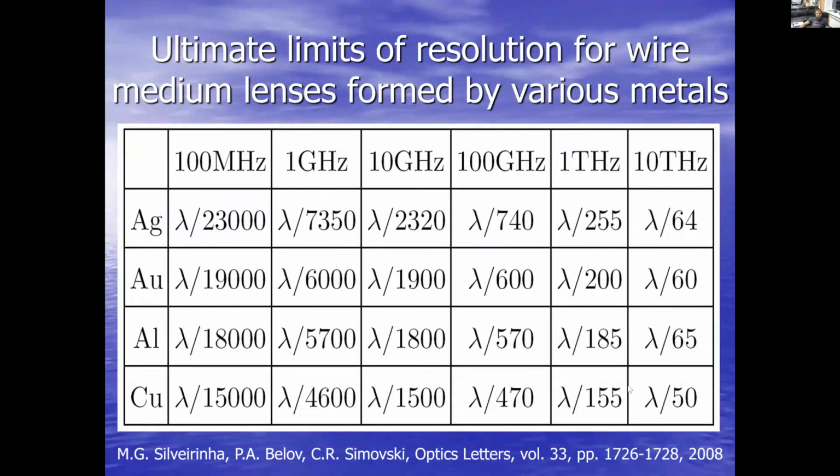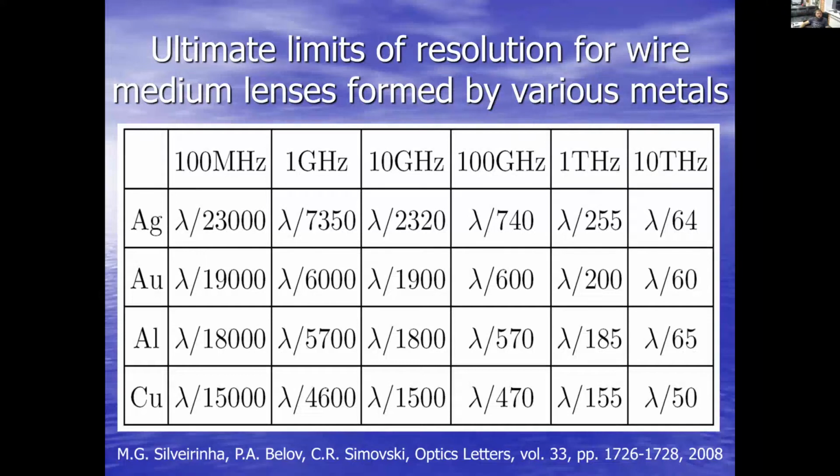So basically, if you're working at 1 gigahertz, you can have good resolutions which are 6,000 times smaller than the wavelength without any problem. I think the best resolution I was showing was lambda over 300.